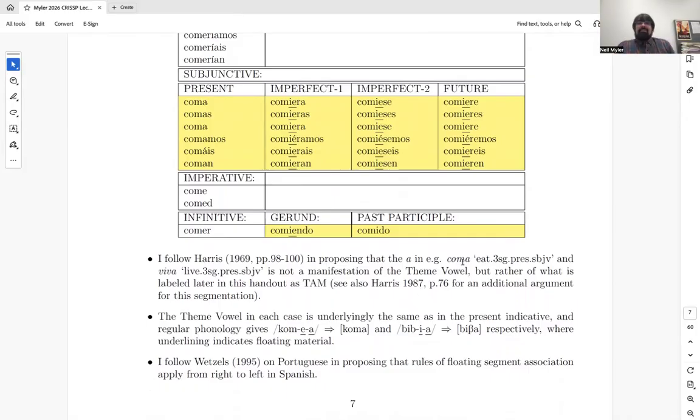What this means is that the "a" here isn't the theme vowel from the first conjugation, like "cantar." It's a separate piece. And one of the arguments that Harris 1987 gives for this is that there are varieties of Spanish in which the "a" of the subjunctive present of the second and third conjugations induces a different stress pattern than does the "a" of the present indicative of the first conjugation.